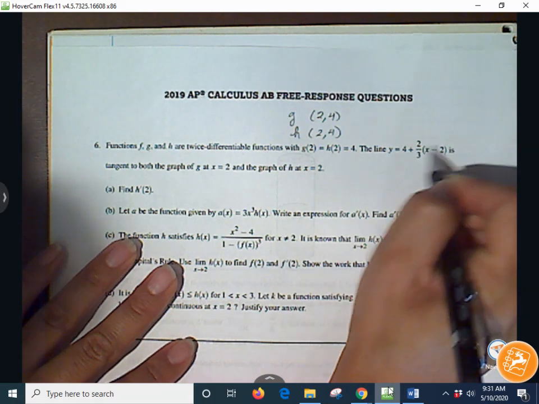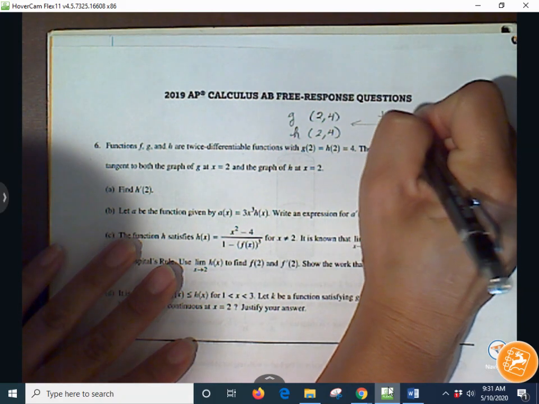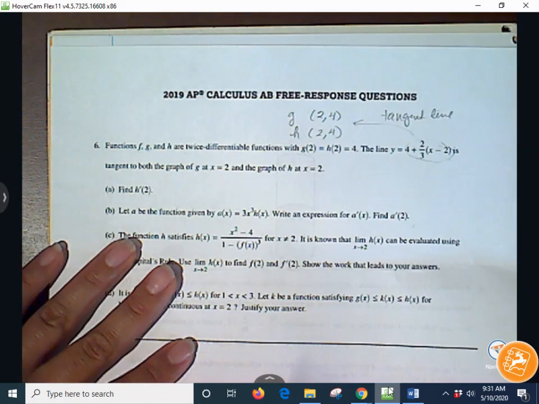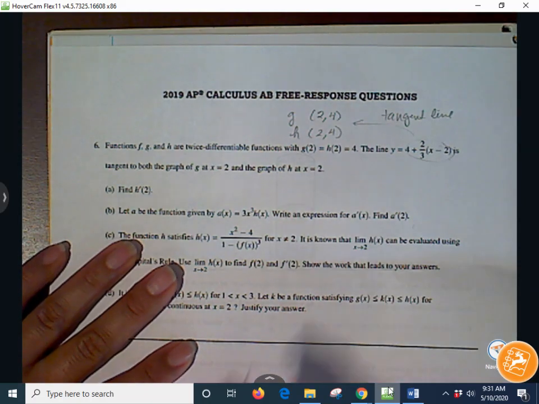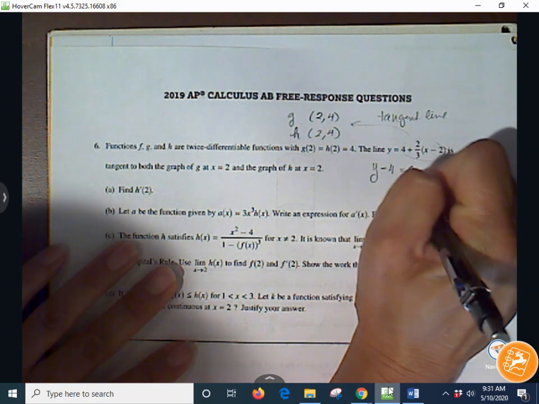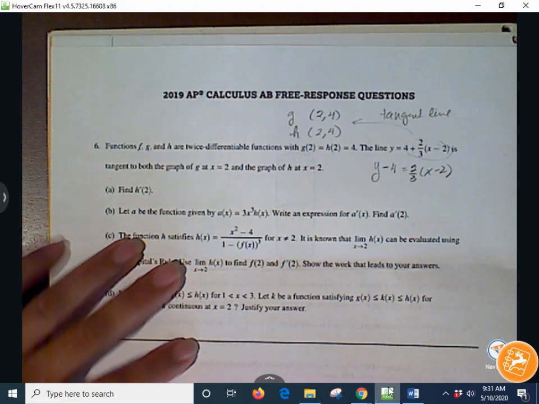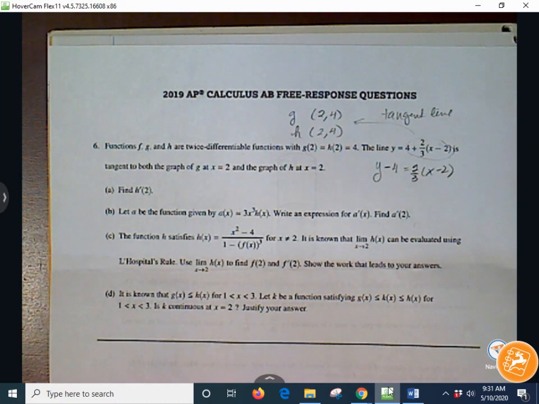So this is the same tangent line to both of those at that point, okay? And you can see that this is y minus 4 is equal to 2/3 times x minus 2. Okay, so all I did was subtract the 4, and we have it in that point slope form.